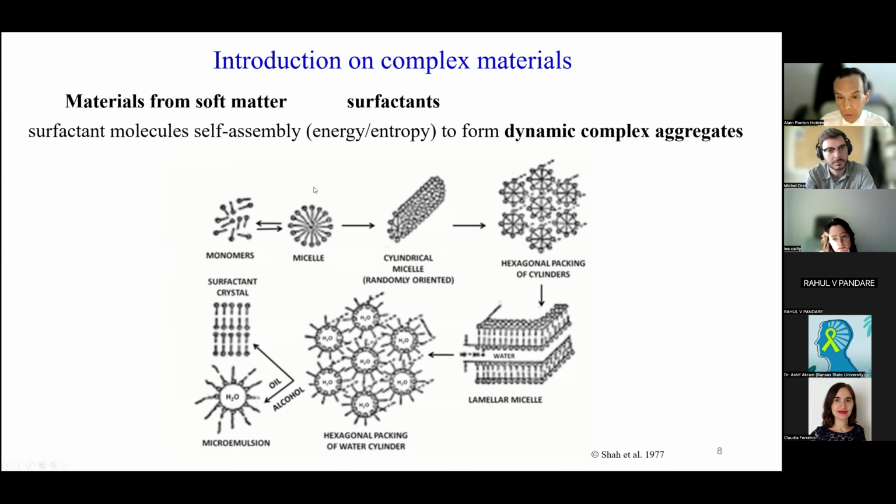So you can have spherical micelles, cylindrical micelles, hexagonal packing of these surfactant molecules. You can form a lamellar phase, and these different shapes can be deduced from the ratio between the volume of the hydrophobic part and the hydrophilic part.